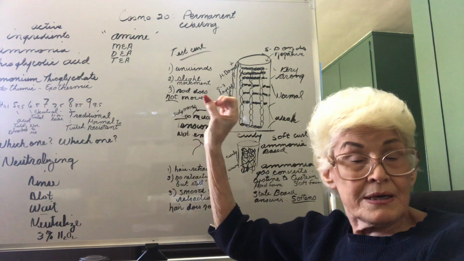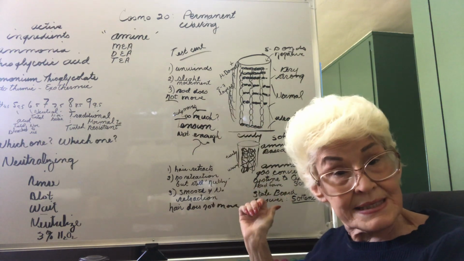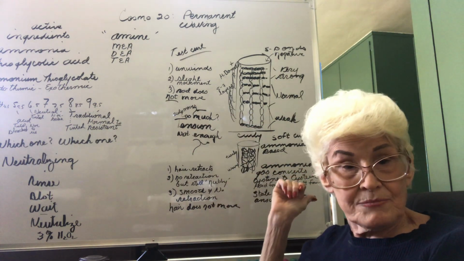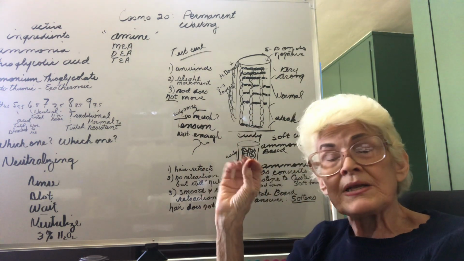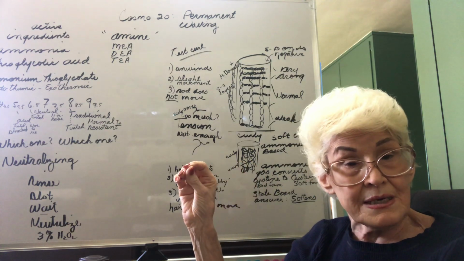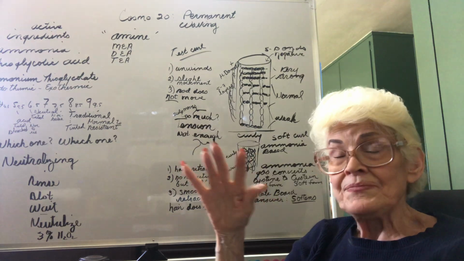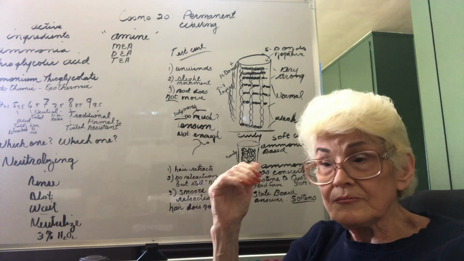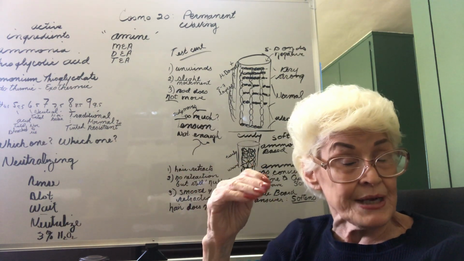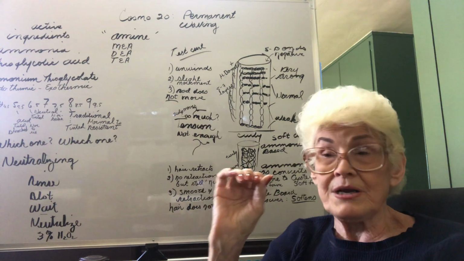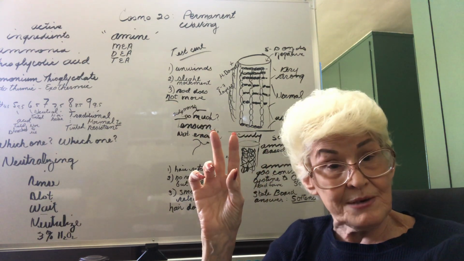It's just not the same type of gas that's in the ammonia perms, but it still converts the cystine to cysteine, or you don't have a permanent. Without ammonia in our chemicals, we don't get the alkaline reaction that we need, where it may not be the quote active ingredient per se.